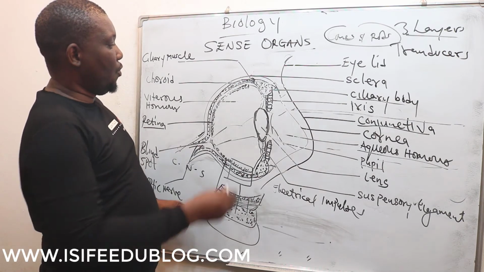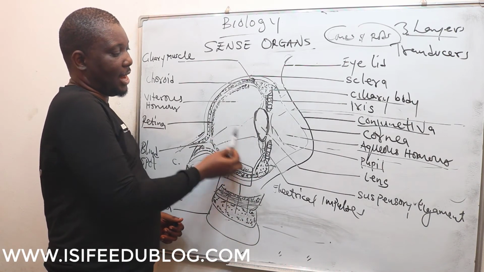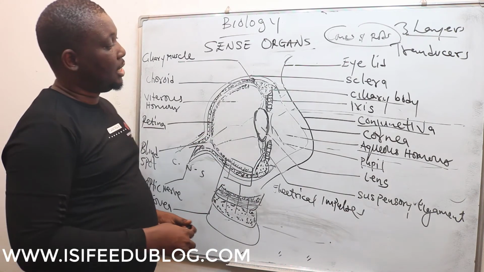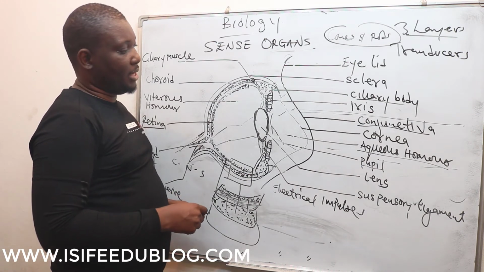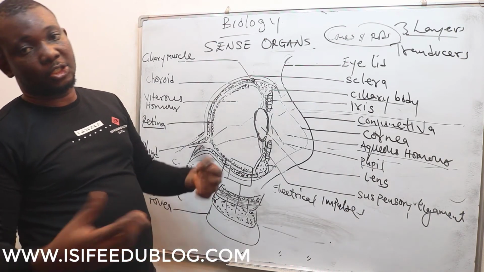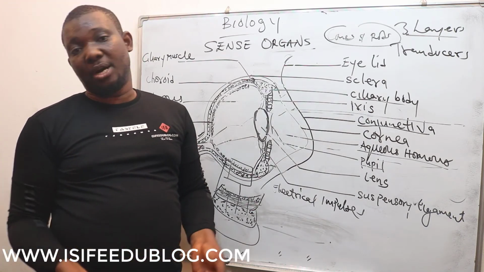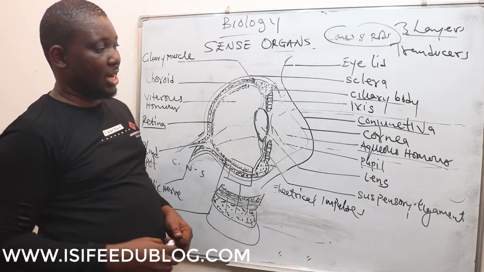So for any individual whose eye is not pigmented, light would always be reflecting in the eyeball. But that is not the case, because of the pigment part of the retina, which can be black, blue or brown, depending on the genetic disposition of this pigment layer of the eye.